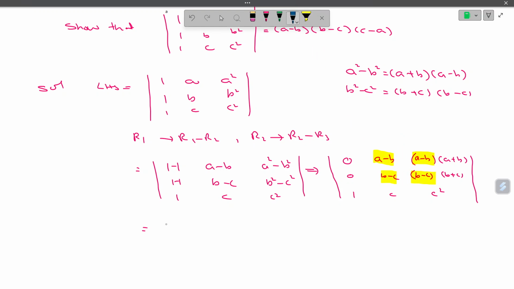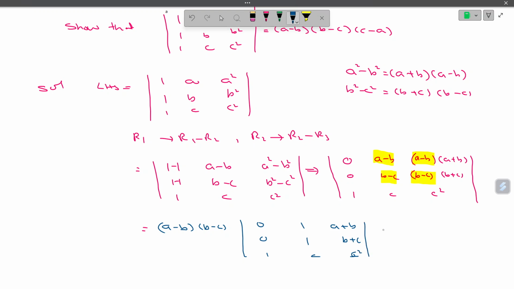So this is 0, 1, and since A minus B is already taken common, A plus B is left. Then 0, 1, and since B minus C is taken common, B plus C is left. And the third row is 1, C, C square.